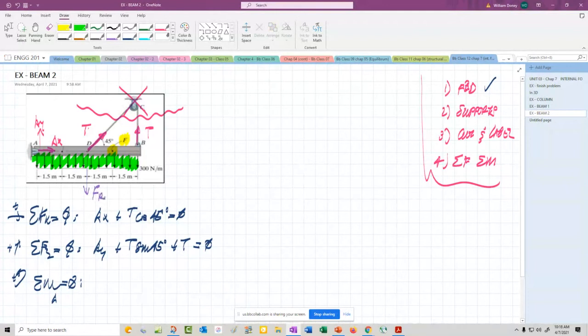That's going to be the force resultant, and that is equal to 300 times 6. So that should be 1,800 down. So this one should have, let me clear this out, minus 1,800 equals 0. That looks better.